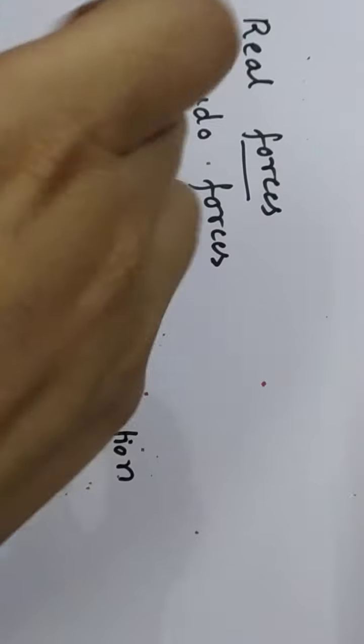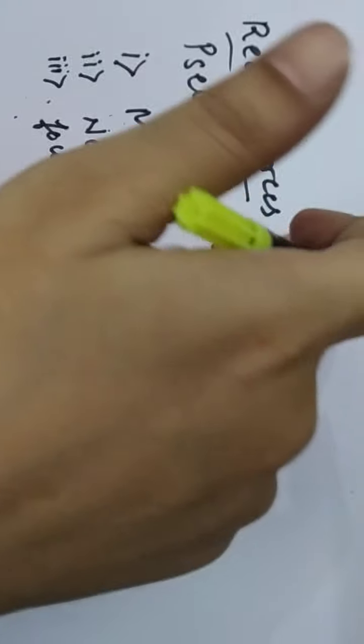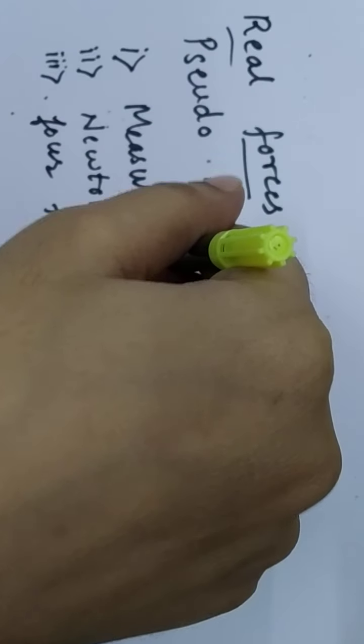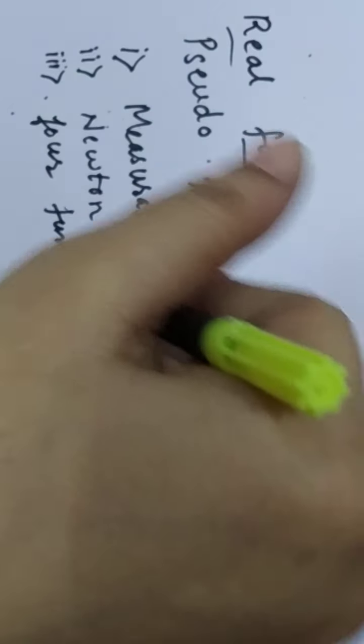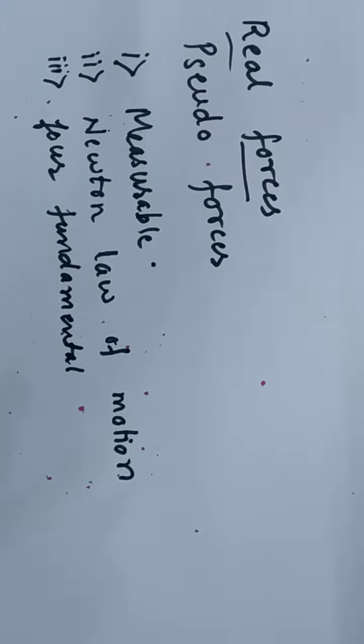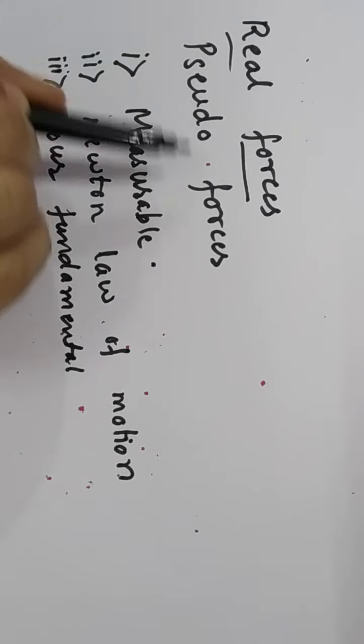If our forces are of any of these types, then those forces will be called real forces. Very first thing, it should be measurable. Second, Newton's laws of motion should be applicable. And third, the forces which we are calculating should be among the four fundamental forces. So these are the concepts you had studied about real forces and pseudo forces.